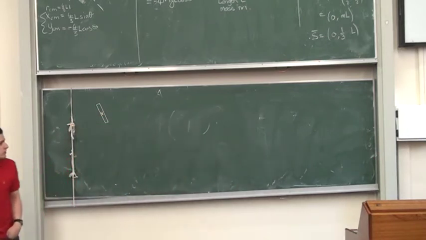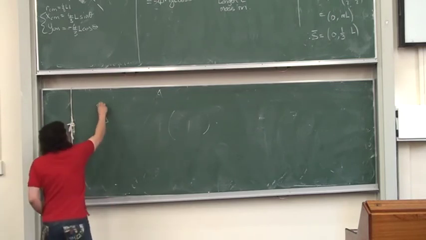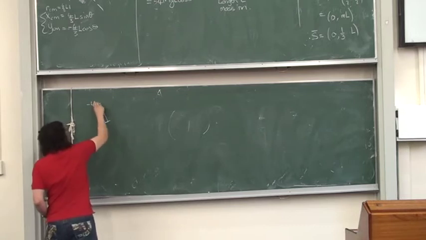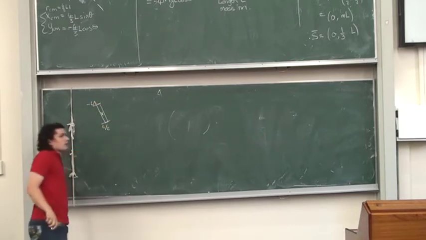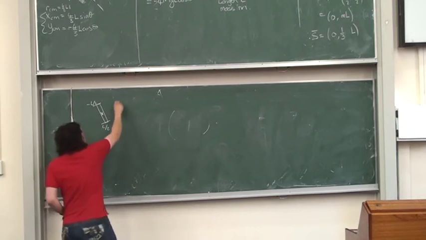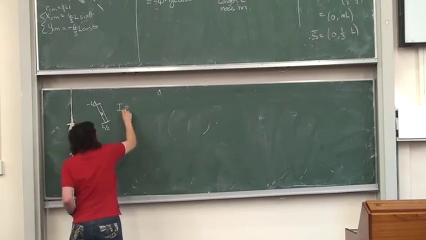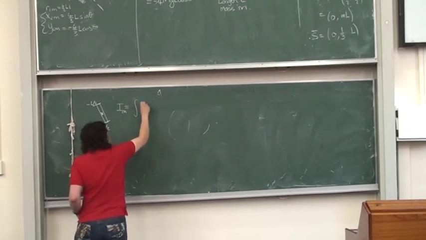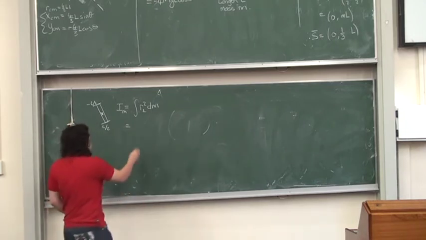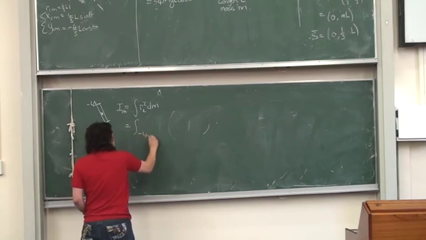So we're simply going to take the bar and integrate from here to here, from minus L over 2 to L over 2, of the perpendicular distance to my axis at each point. So the inertia about the center of mass is equal to the integral of r squared dm, which in this particular case we are integrating from minus L over 2 to L over 2.